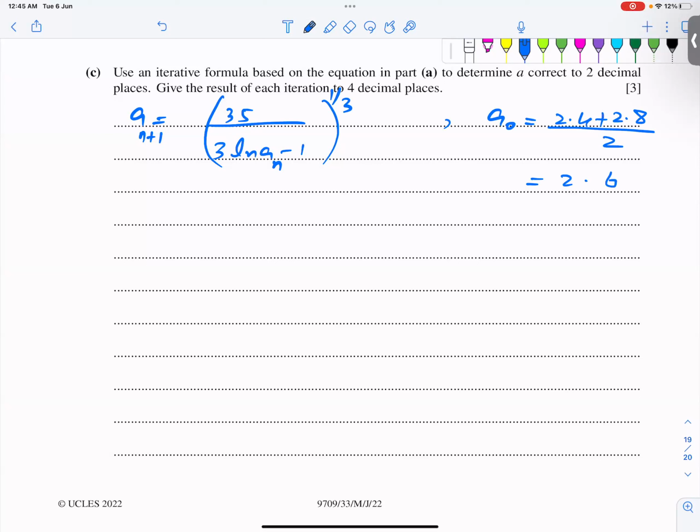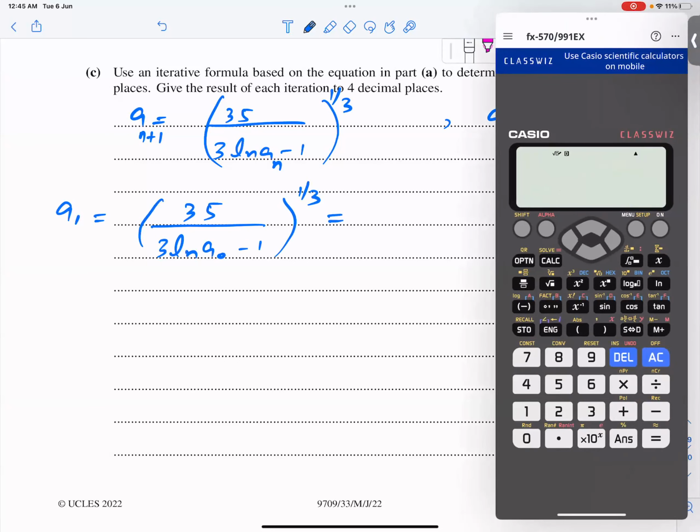So if we put n is equal to 0 in this, this will become a1 is equal to 35 over 3 ln of a naught minus 1 whole power 1 over 3. So if you use the calculator, this will give you bracket fraction 35 divided by 3 ln of 2.6 minus 1 bracket close power 1 upon 3.